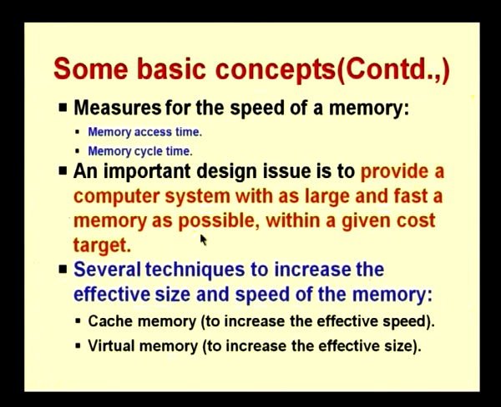Within the memory system there is normally a huge hierarchy of different devices that we use. We have modules which hold large amounts of data and are normally very cheap devices, but they may not be very fast. As we go to faster and faster memory devices, they also become smaller in size, that is, the amount of data they hold may be smaller, but the cost involved will be higher.